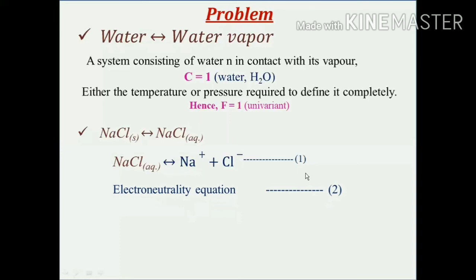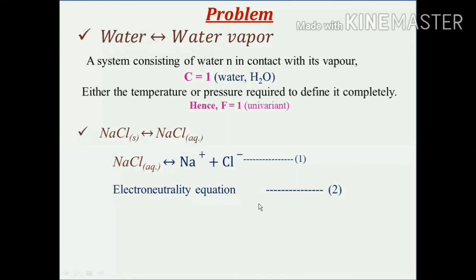Obviously any system tries to come into the stable state, right? So a positively charged species will obviously be looking for the negatively charged species in the system. So overall for all such ions, we write just one equation, that is the electroneutrality equation.